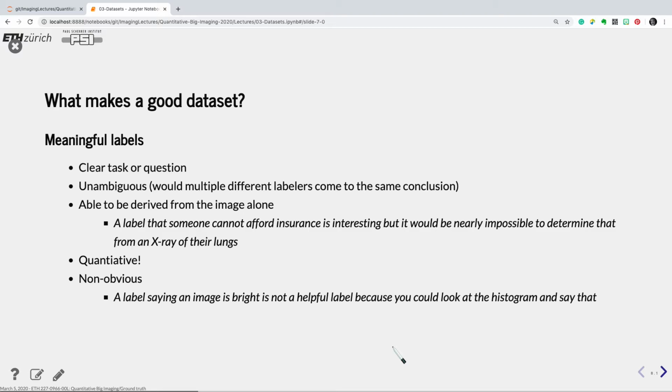Also, have labels that can be derived from the data. The example here is that if someone can't afford the insurance, it doesn't really help the labeling because you can't see on a CT scan that it's a poor guy.